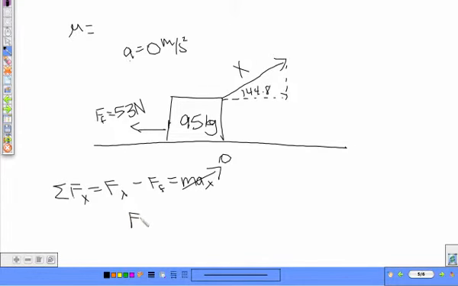So that means that our F of x is equal to F of f, and that is equal to, then, 53 newtons. I changed that, so that should be 53 newtons for friction.